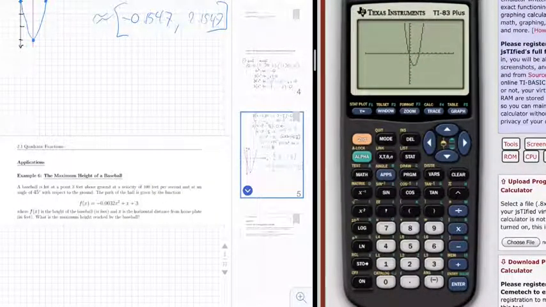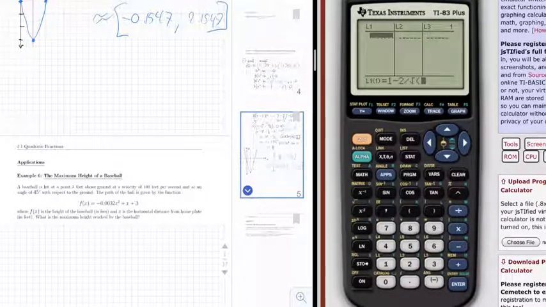So we're going to go to Stat, Edit, and then we're just going to put in the vertex and the x-intercepts. And we can also plot the points that we have. So let's put all of these points on there. The far left should be the left x-intercept, so that's going to be 1 minus 2 divided by the square root of 3. And then that y value is going to be 0.